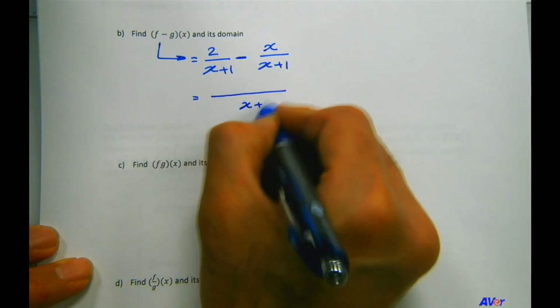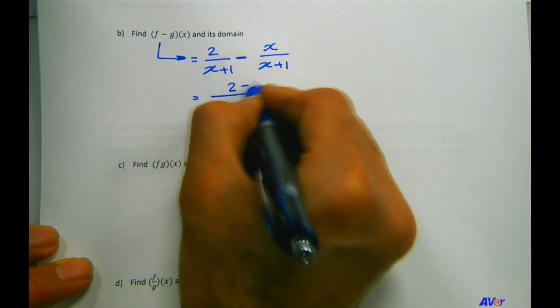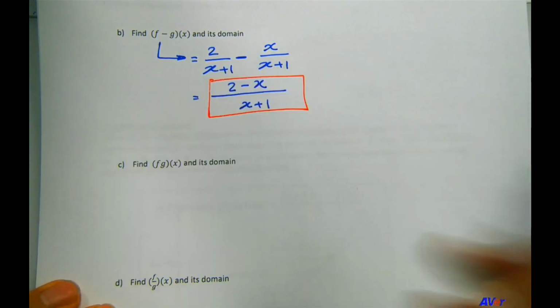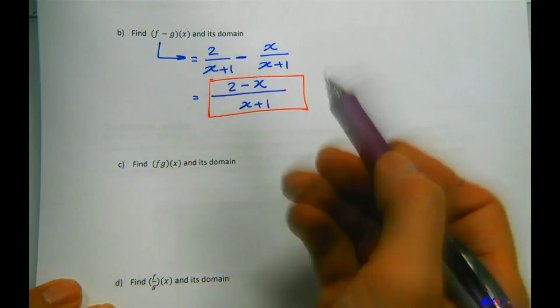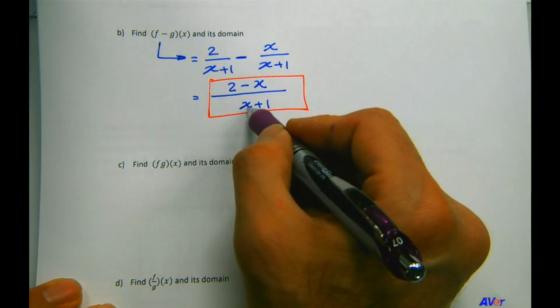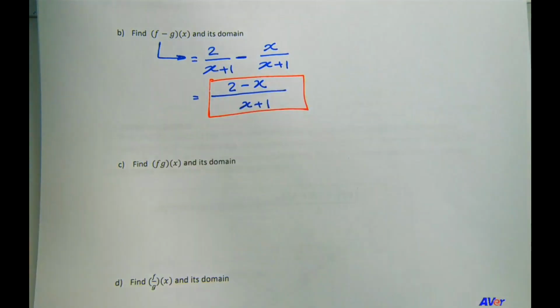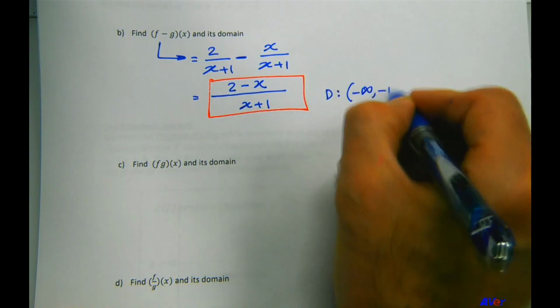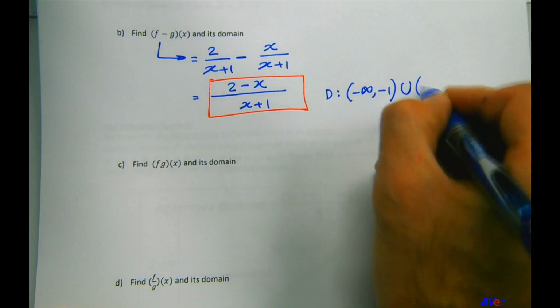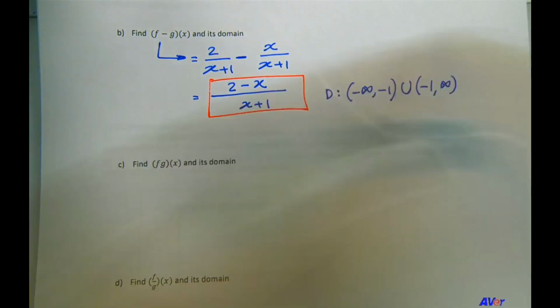So x plus 1 in the denominator and then 2 minus x in the numerator. There's the combined function. And once again, the denominator is the same as the parent functions, so we cannot have -1 again. So easily we can write the domain as -infinity to -1 union -1 to infinity.